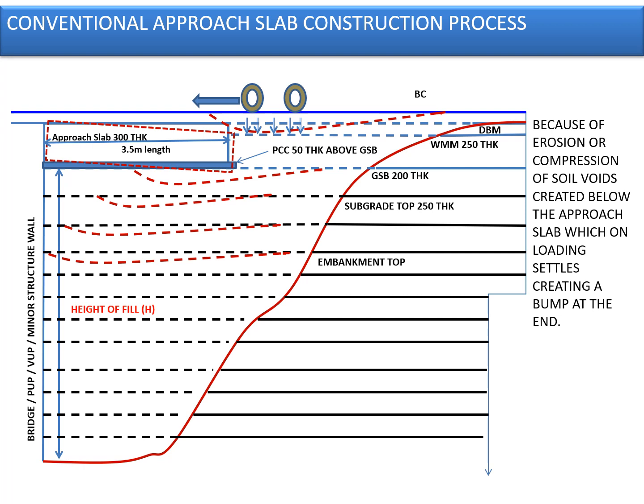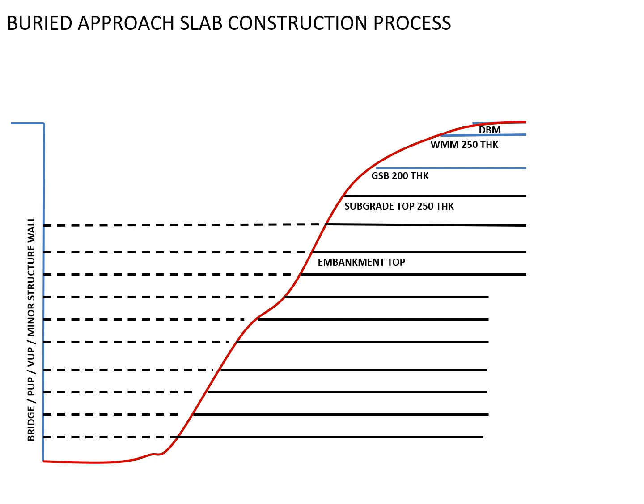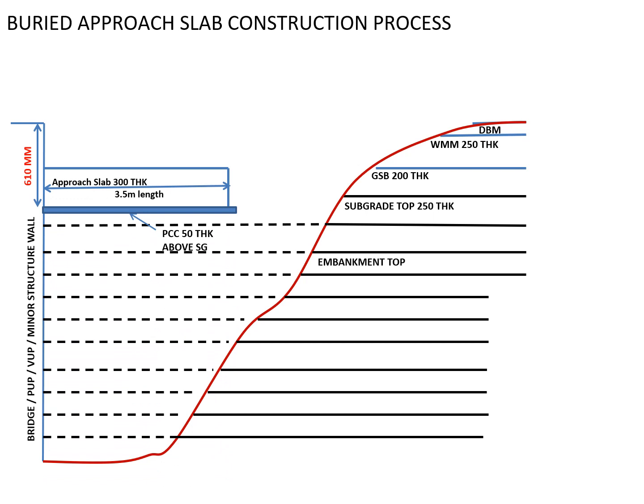Now the buried approach slab concept is a similar location and similar mode of construction, but what happens is the PCC is done at 610 mm below the top of the deck slab.